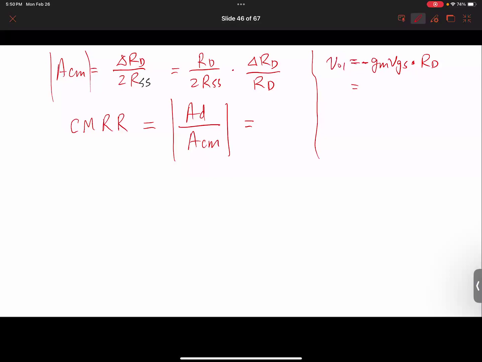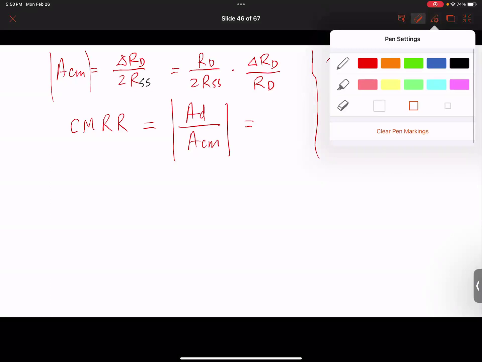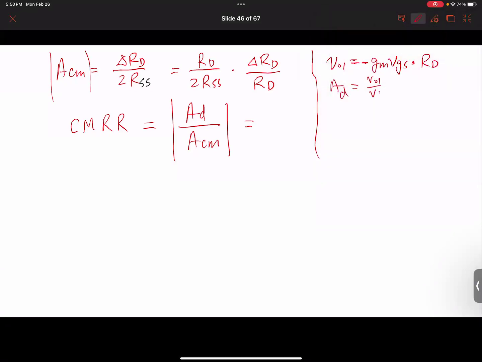And then A differential mode is VO1 over VGS, which is going to be minus GM and RD. So this is what you get for the differential gain.